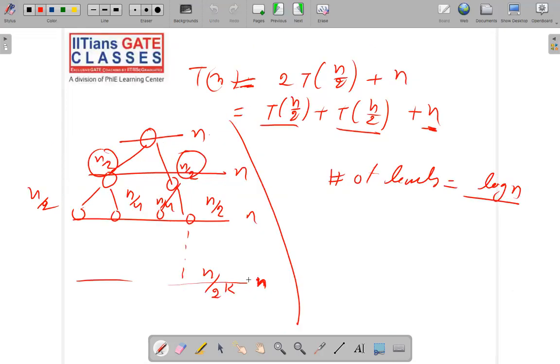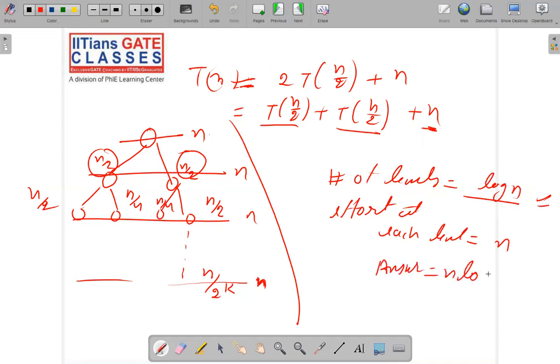Here also the number of levels is log n, and the effort at each level is equal to n. So there are log n levels, and the answer is n log n.